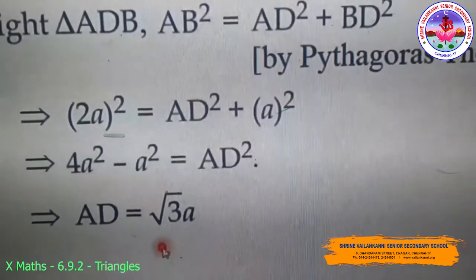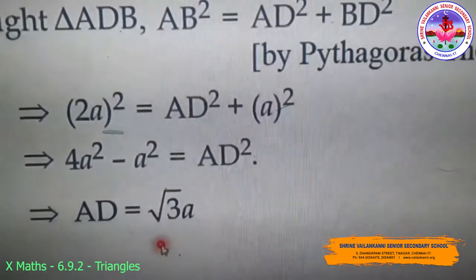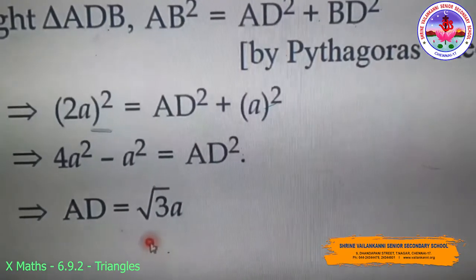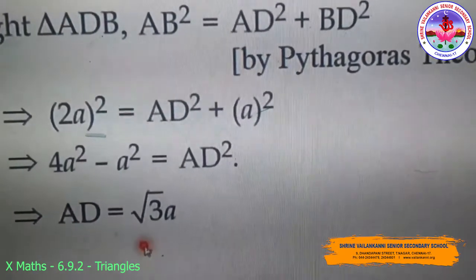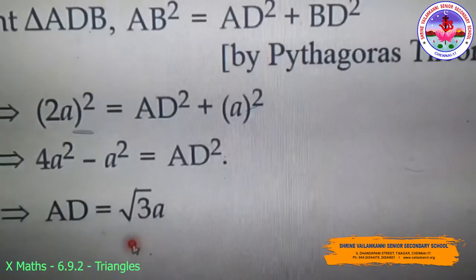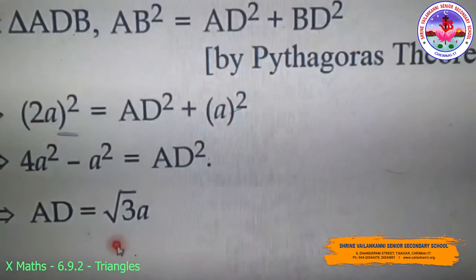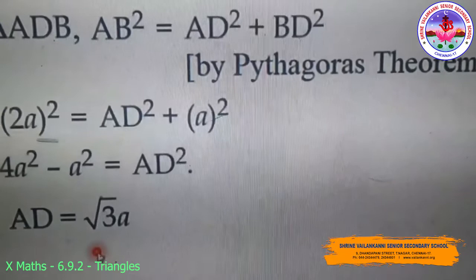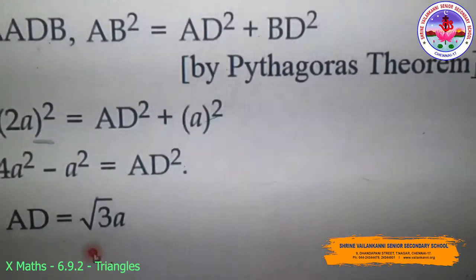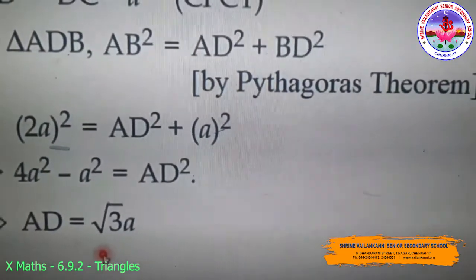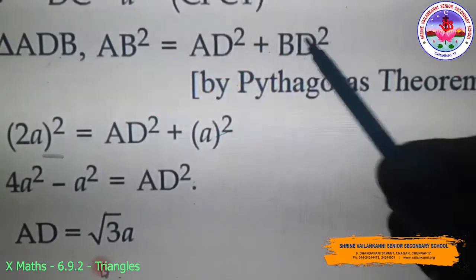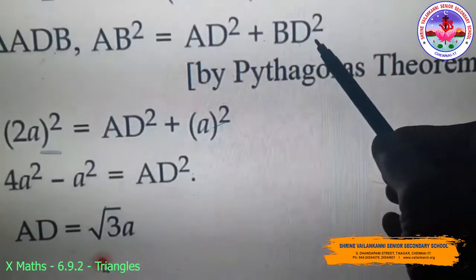So I am going to use the Pythagoras theorem, where the side opposite to angle D is AB, which is called the hypotenuse. So I am writing the hypotenuse square is equal to the sum of the other two side squares, which is AB square is equal to AD square plus BD square.